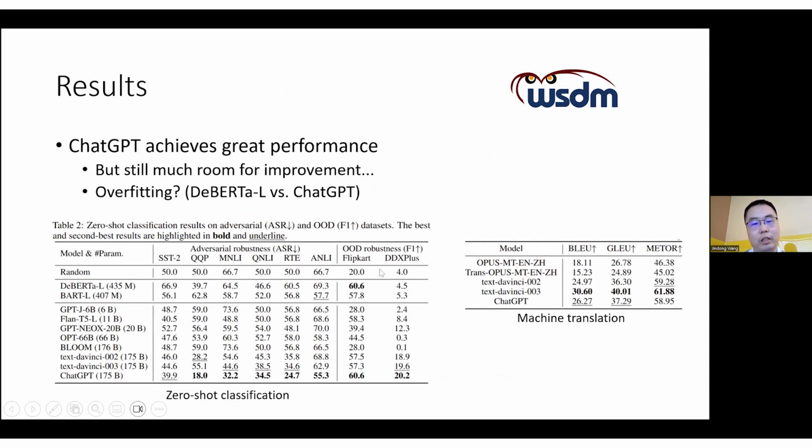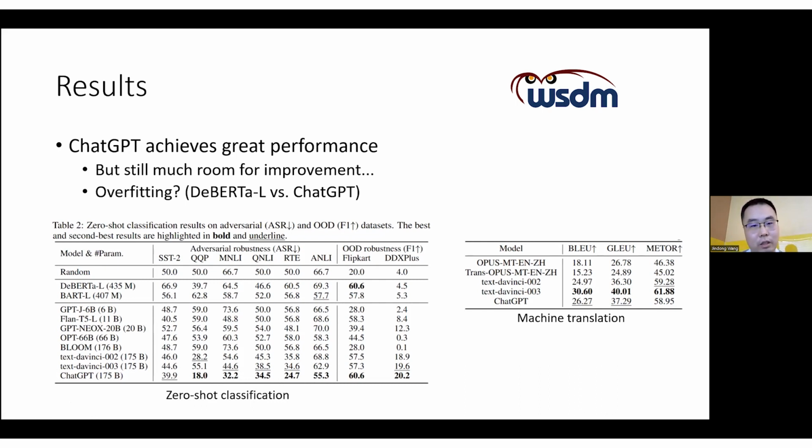But in this classification task, it achieves the best performance, and it's the first result. And the second result is we can see that their numbers are still not perfect. You can see that the ASR, which is the attack success rate, for this one is over 50. So it means that it's not very perfect, and there is still much room for improvement in future versions.